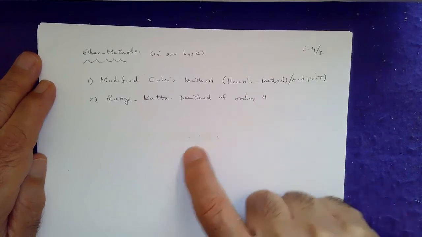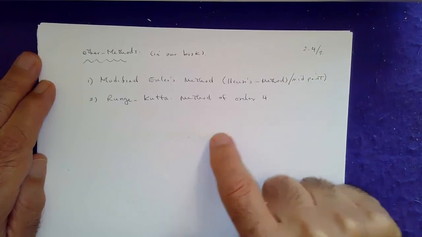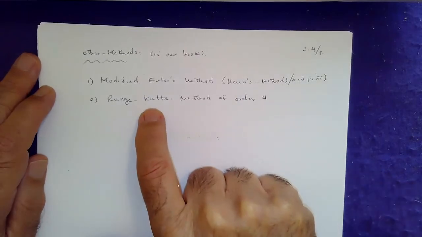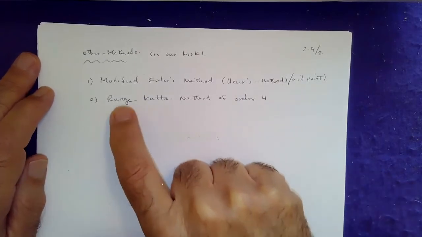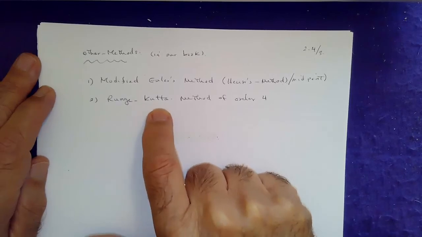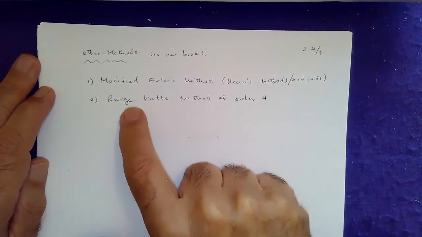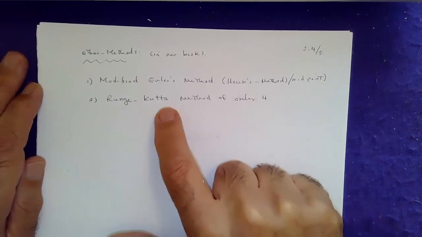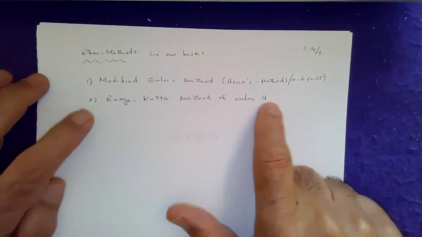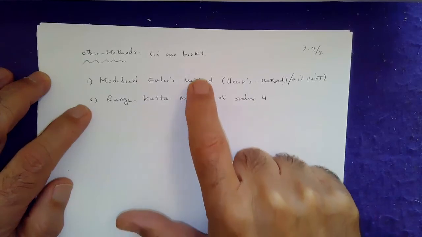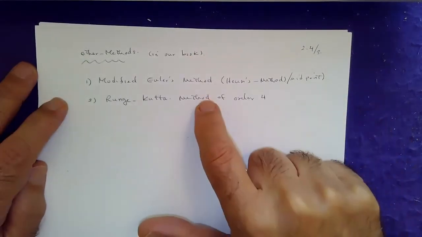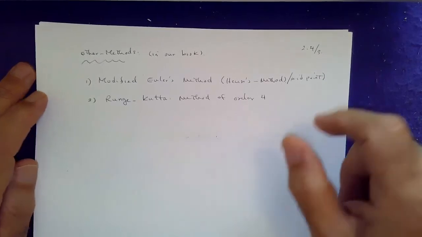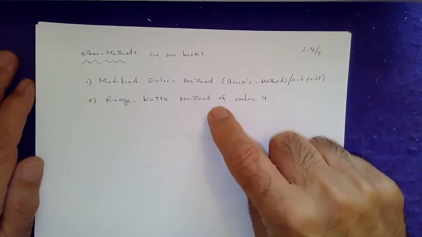So instead of taking the points on a tangent line, he uses the midpoint. The other one is done, in this century, by two German mathematicians, Runge and Kutta. So it's called the Runge-Kutta method of order 4. This is much more accurate than the previous methods. But then again, it's very complicated programming, but it does the job.